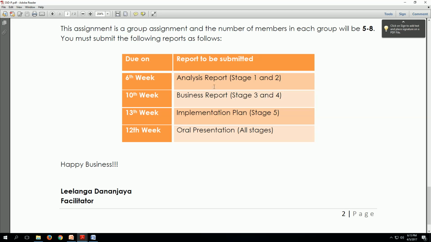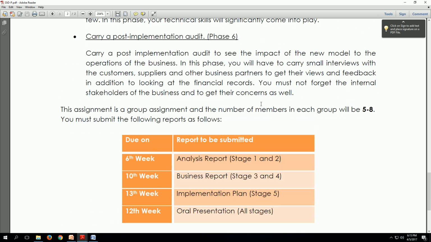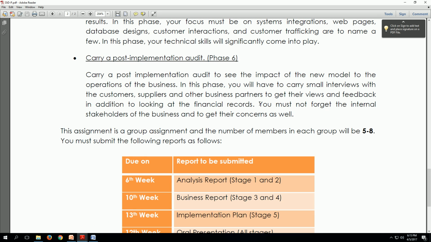And usually I'll be gathering these reports, and this is the only assignment that you have, so we do not have any other continuous assessments. The only thing is that sometimes I might ask you to run a campaign and do some activities in between, and write a small report on that, then you have to do that.